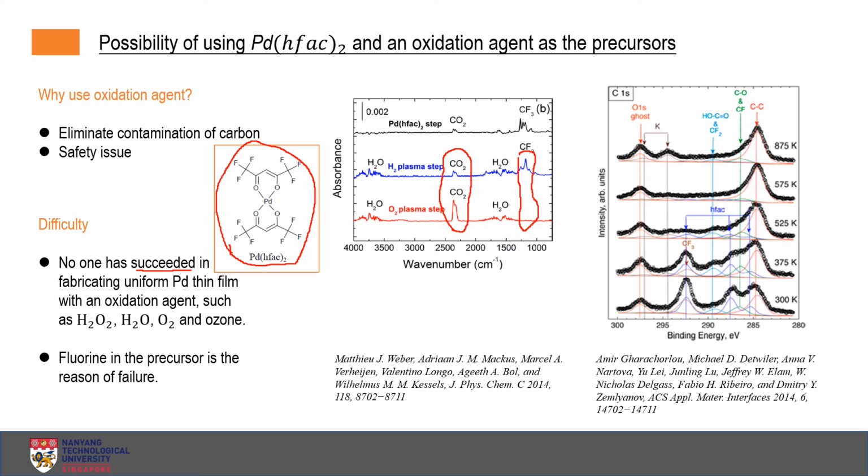And in another study, researchers increased the temperature to study the thermal decomposition of Pd(hfac)2. They also discovered that the carbon fluorine species disappeared if they increase the temperature. So in fact, carbon fluorine species can be eliminated by increasing the temperature. So it is still possible to fabricate Pd thin films with an oxidation agent.